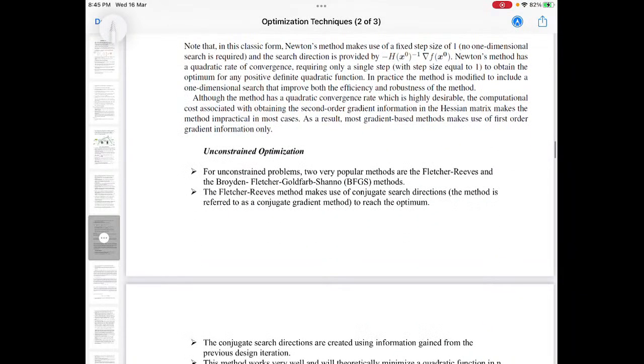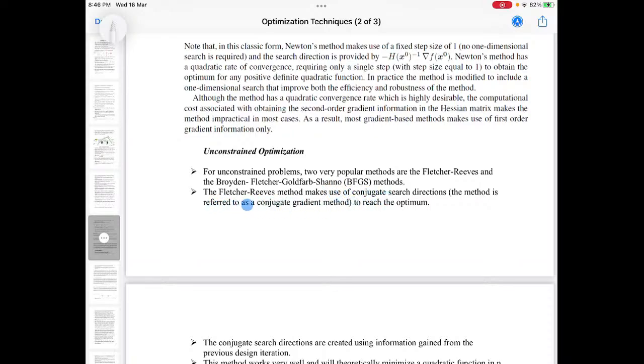Next we see unconstrained optimization. So far we have seen constrained optimization, where we have constraints or limits. Now we will discuss unconstrained optimization. For unconstrained problems, two very popular methods are the Fletcher-Reeves and the Broyden-Fletcher-Goldfarb-Shanno, BFGS, methods.